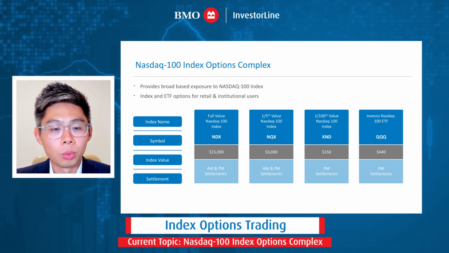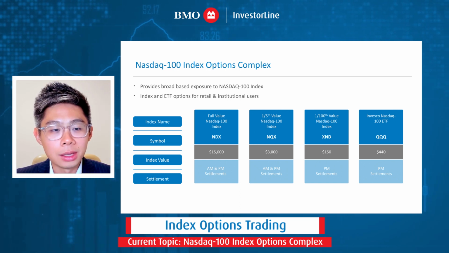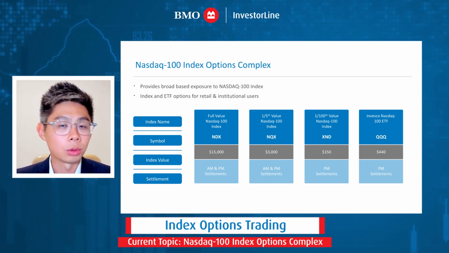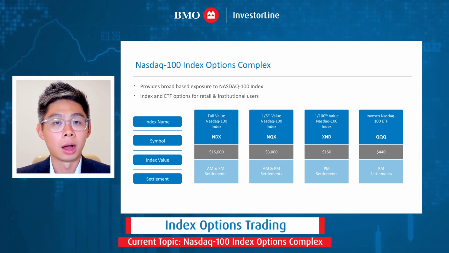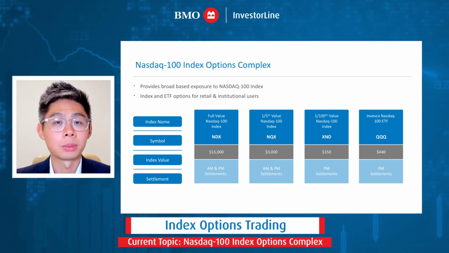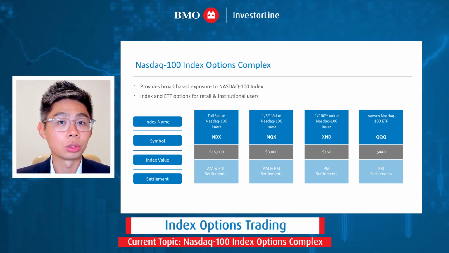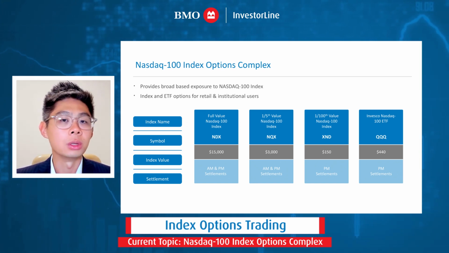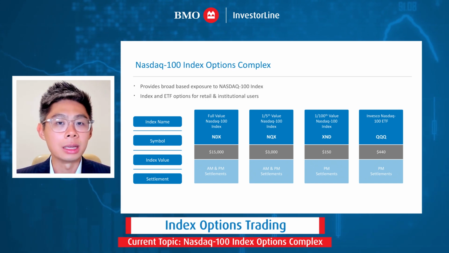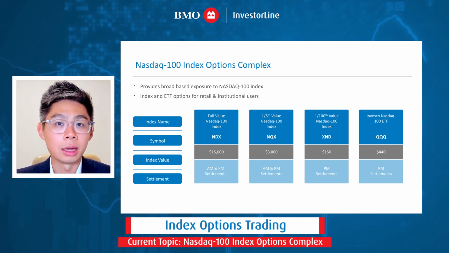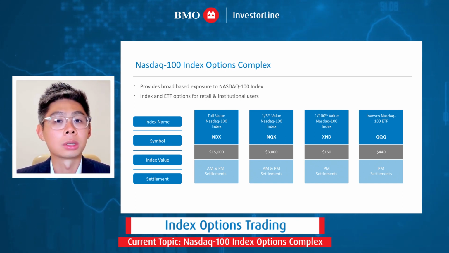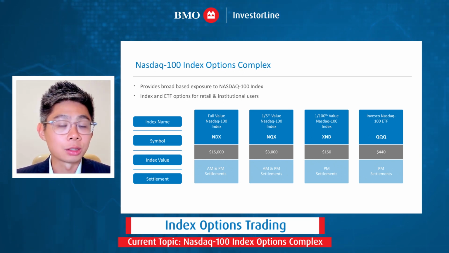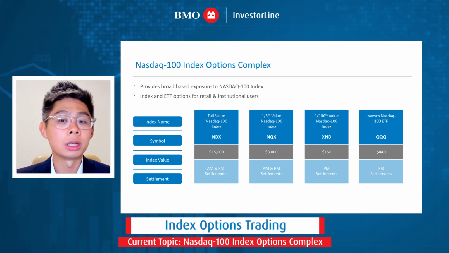The exchanges are well aware of this. The exchanges realize that some of these proprietary index options that they offer are only suitable for institutional traders. Over the last few years, we have seen most of the exchanges that offer index options build smaller size contracts specifically catered to retail traders.